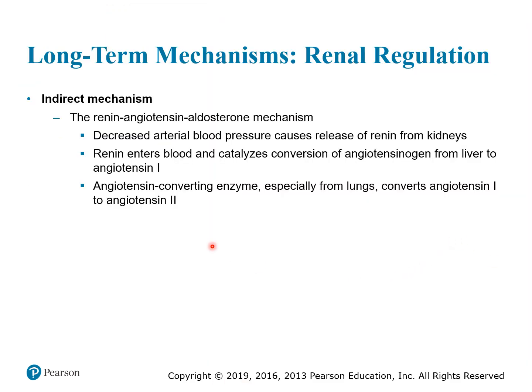So this slide basically says what I just spoke on that diagram. So the renin angiotensin aldosterone mechanism, what is this? Decreased arterial blood pressure causes release of renin from the kidneys. Renin enters the blood and catalyzes conversion of angiotensinogen from the liver to angiotensin 1. Angiotensin converting enzyme, especially from the lungs, converts angiotensin 1 into angiotensin 2.